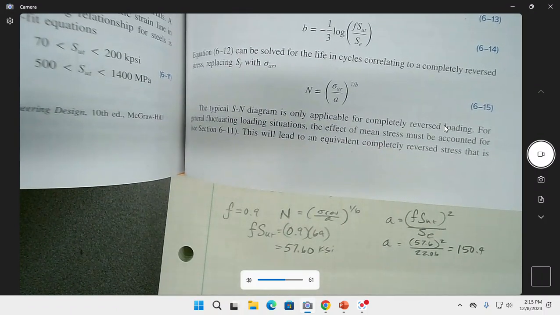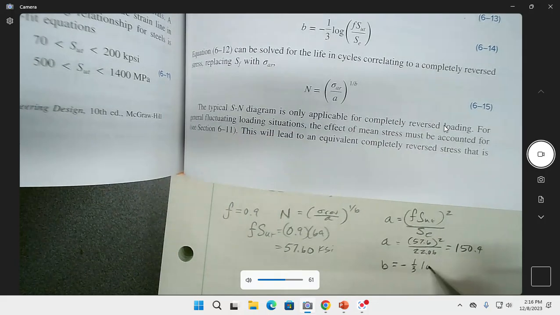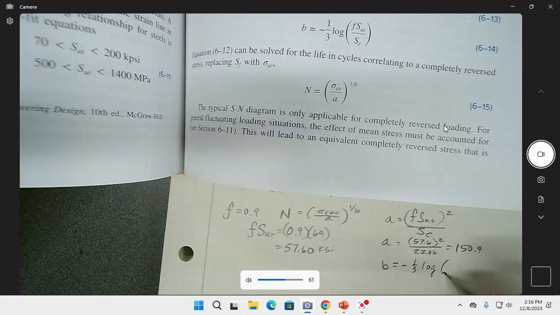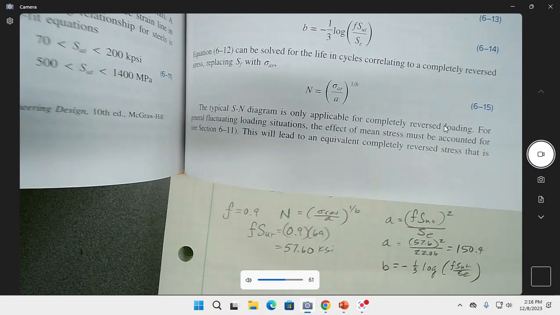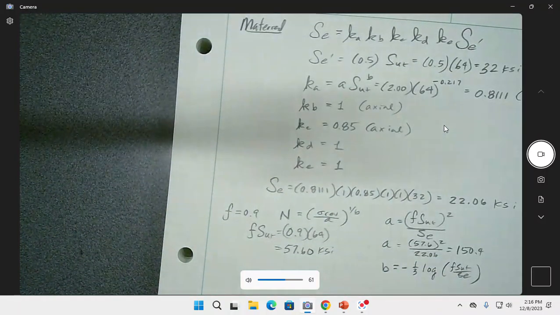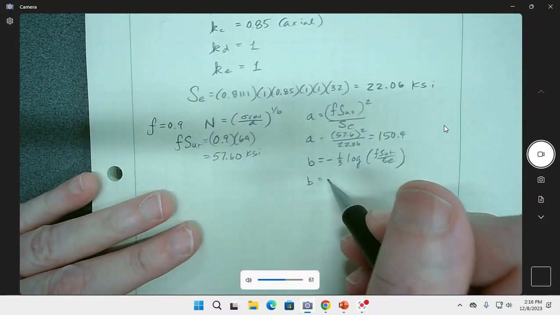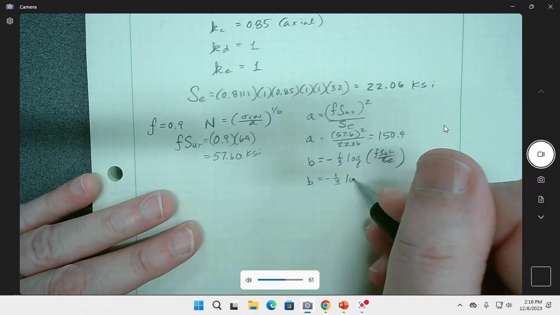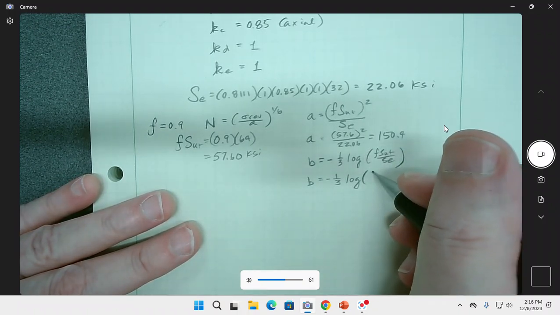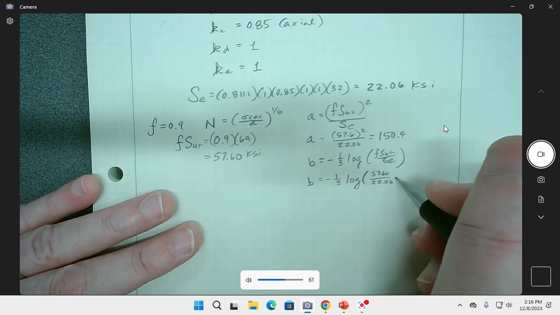And then we also want to have B equal to negative 1/3 log of F SUT divided by SE. That's this guy up here, equation 6-14. So B is equal to negative 1/3 log of 57.6 divided by 22.06.